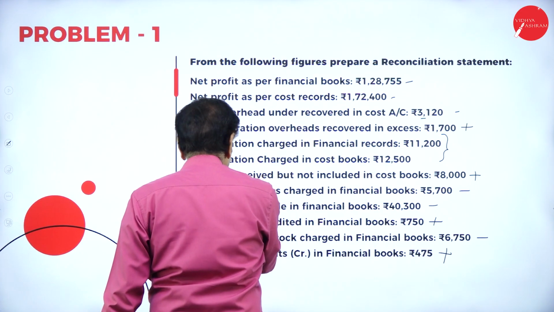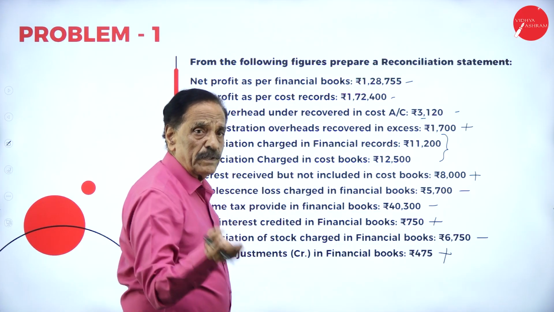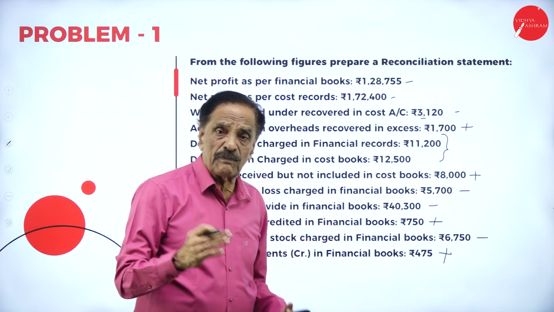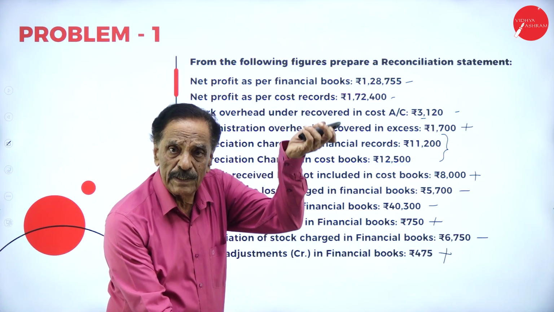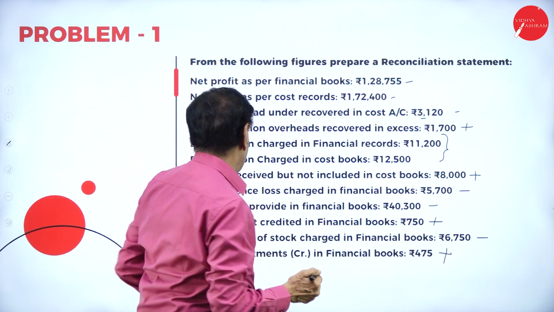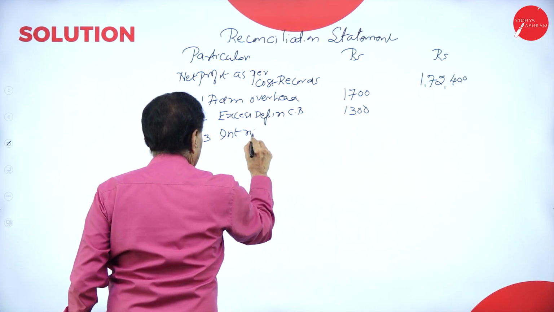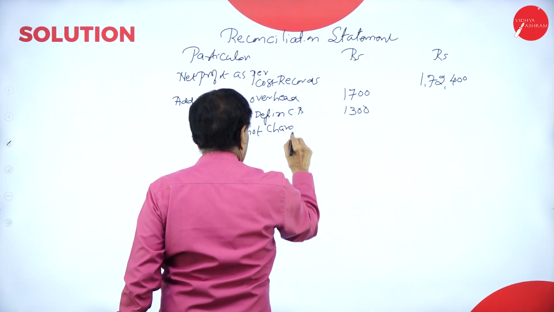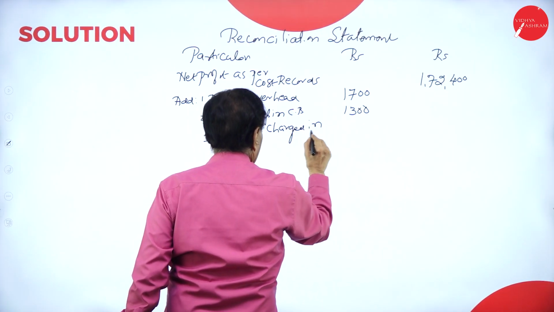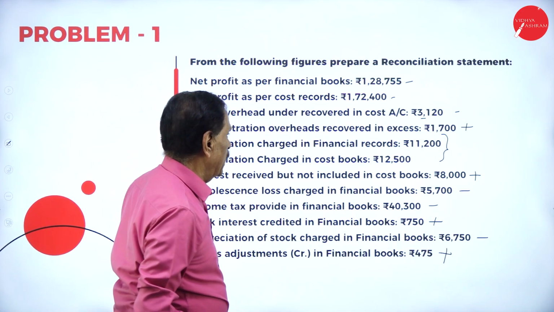Interest received but not included in cost book. When they are not included in cost book but in the financial, what will happen to financial book? More where the cost book is less. To make equal, add back. Interest not charged in cost book. How much? 8,000.